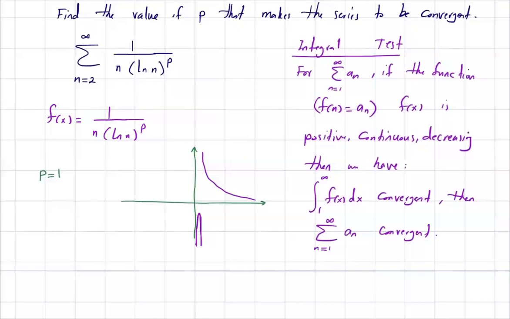As you can see, it is positive. We are ignoring this part. Take a look at the domain. The domain that you're looking at is 2 to positive infinity. It is positive, continuous, and based on the graph, it must be a decreasing function.